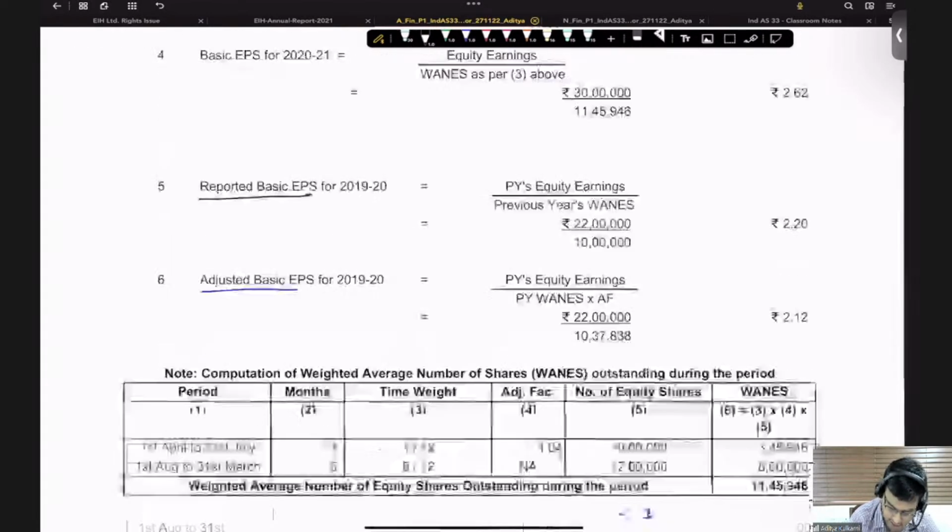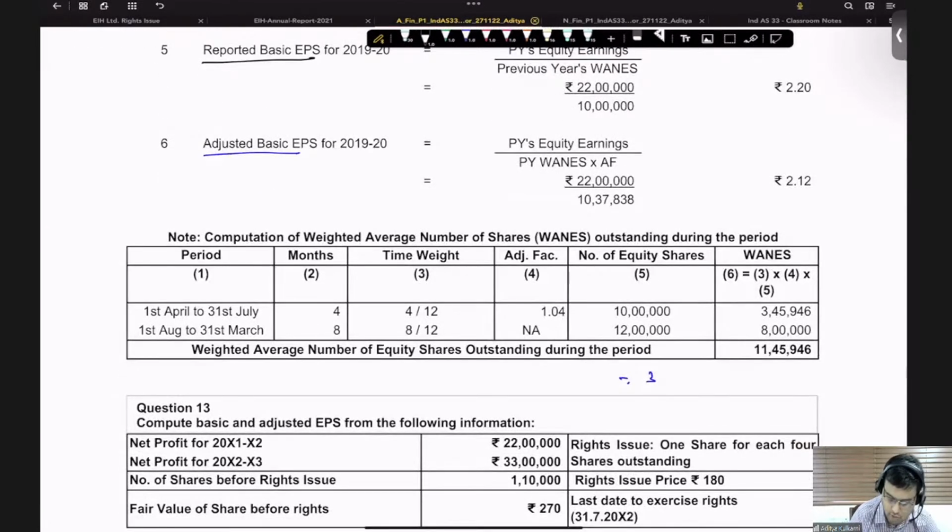Weighted average number of shares. Now how do I do it? 10 lakhs I multiply with 1.037838. What you are going to get when I multiply this is actually nothing but 10,37,838.